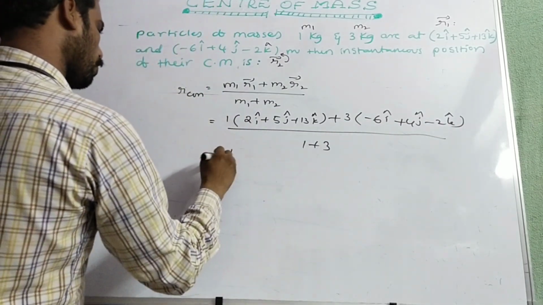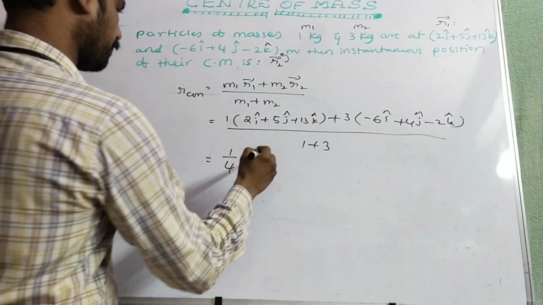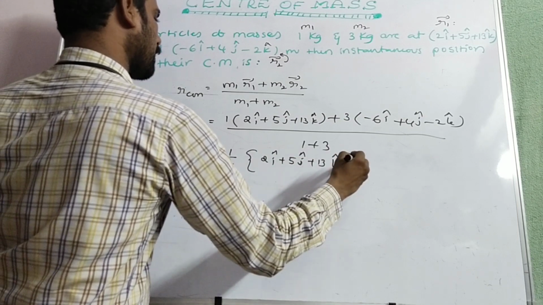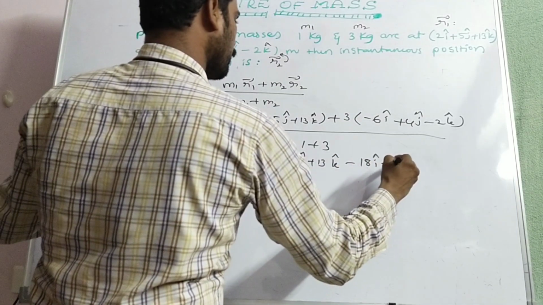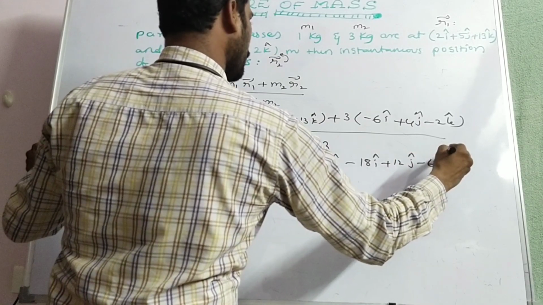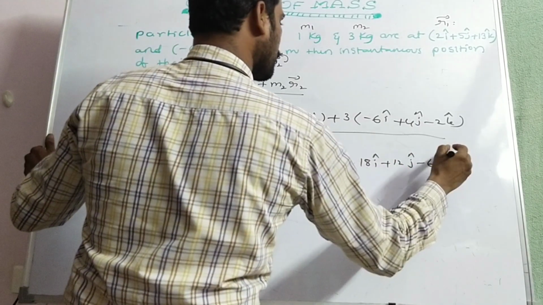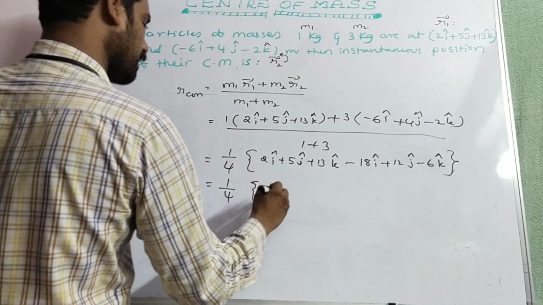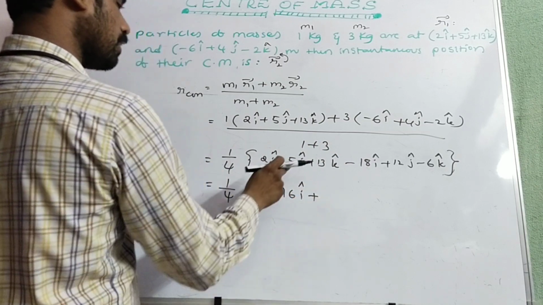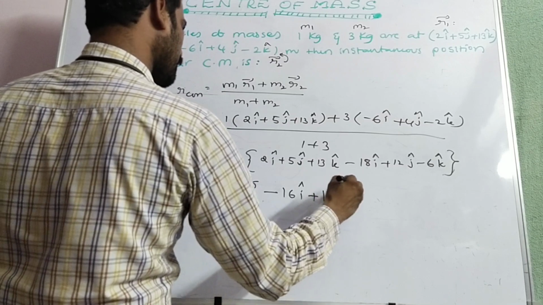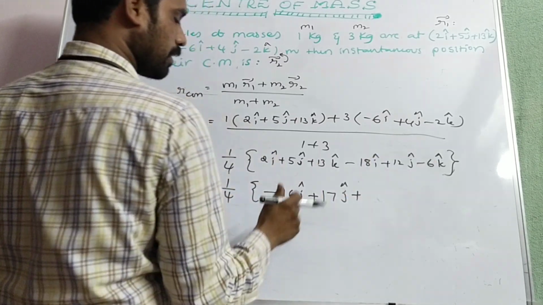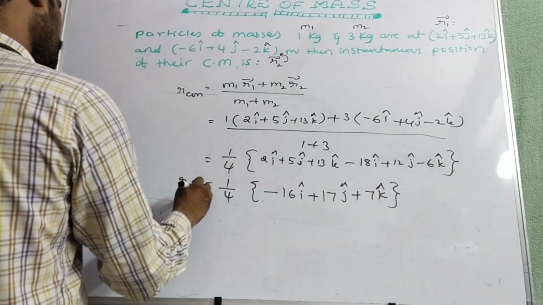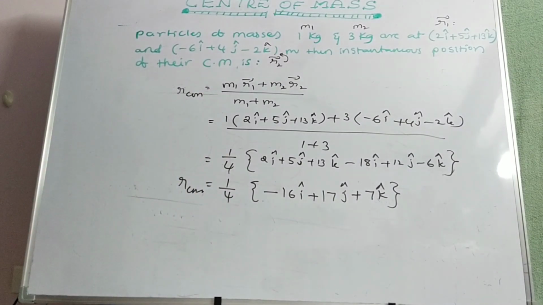That is equal to 1 by 4 into 2i cap plus 5j cap plus 13k cap minus 18i cap plus 12j cap minus 6k cap. Now 1 by 4 into 2i minus 18i, that is minus 16i cap, plus 5j plus 12j, 17j cap, plus 13 minus 6, 7k cap. That will be the RCM.